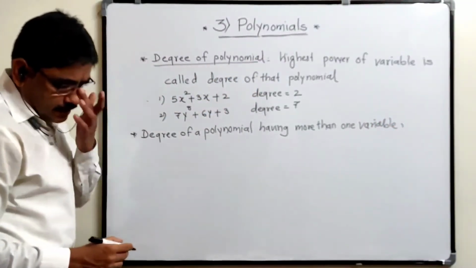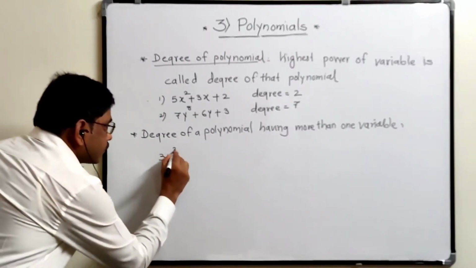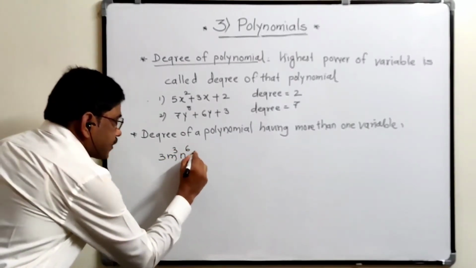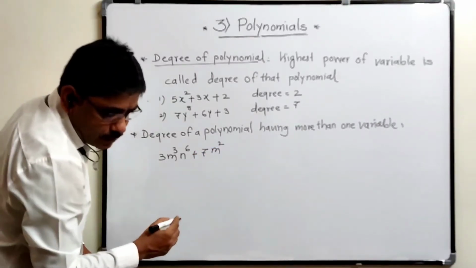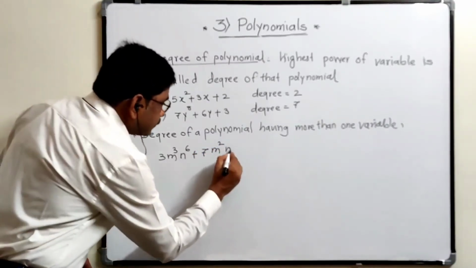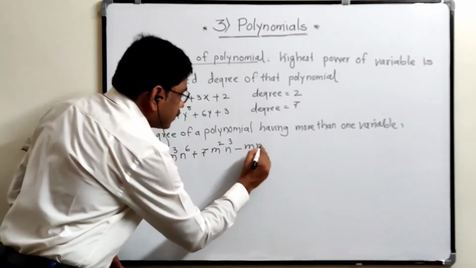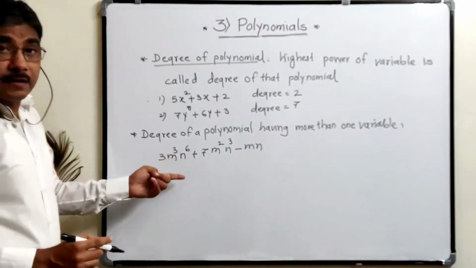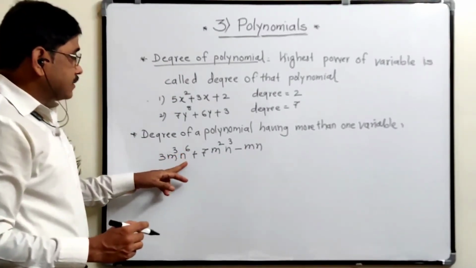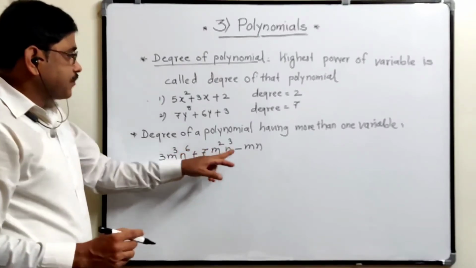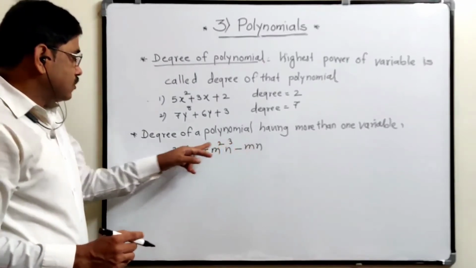If we consider the example 3m cube n raised to 6 plus 7m square n cube minus mn, then how to write? Because here m and n, two variables are there. The highest power of n is 6, here 3, 0, 3 and 6. Highest power of m is 1, 2, 3.